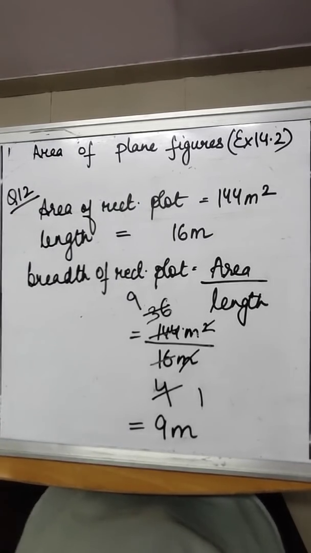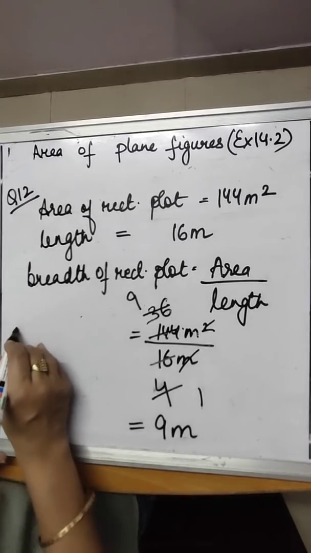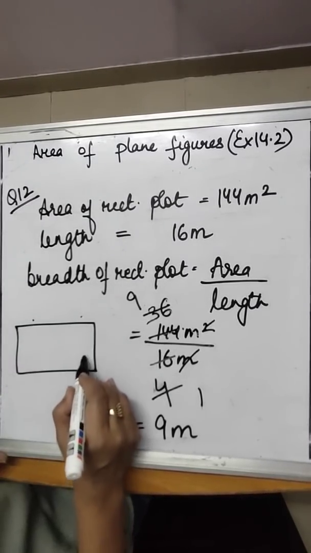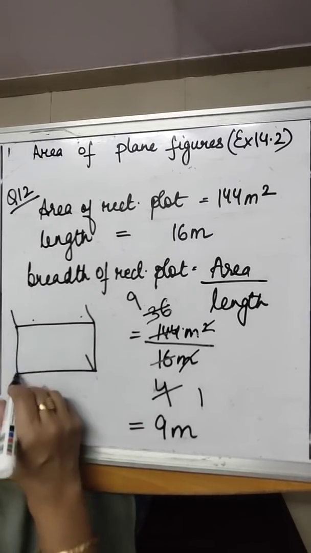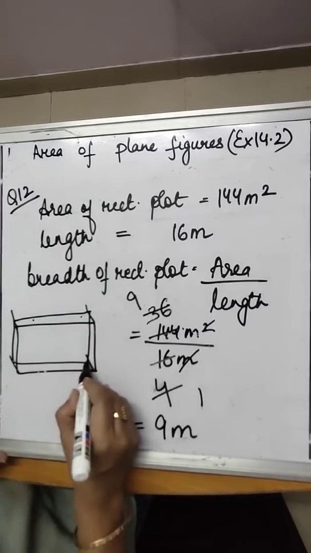Now in the second part, they are asking that find the cost of fencing it. Fencing means what? That if this is a rectangular plot, then we put fencing on it. Means we are putting a boundary like this on this rectangular plot.